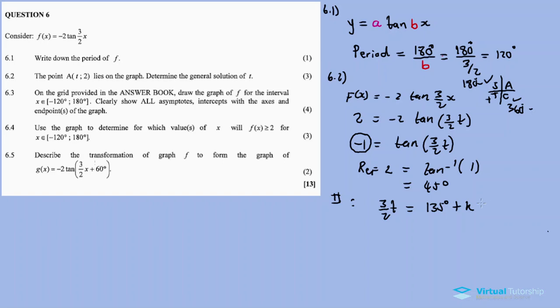Then plus k times the period of our function, tan. The period of the tan function is 180 degrees.